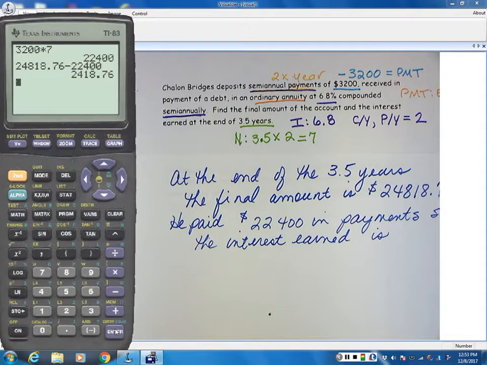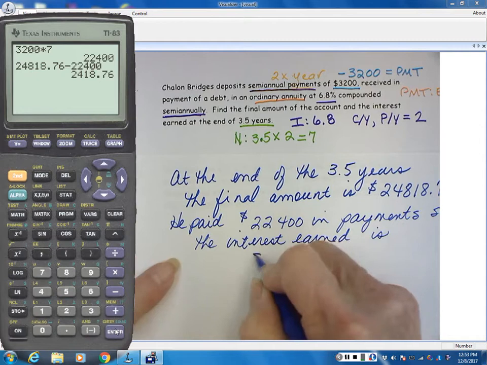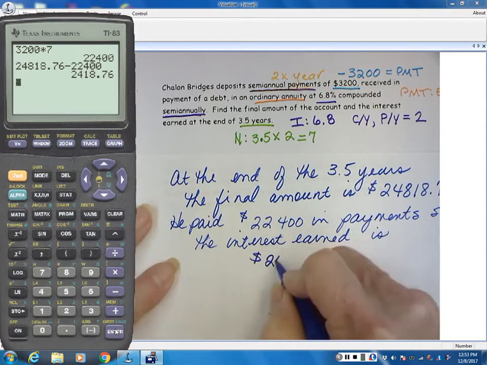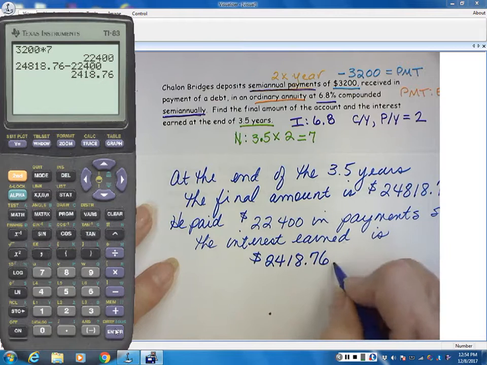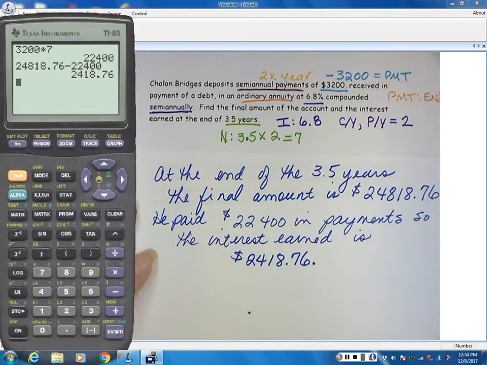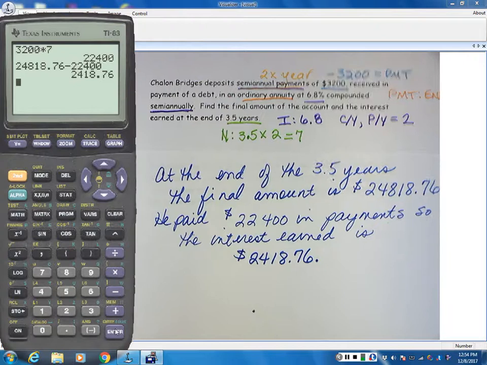He earned $2,418.76 interest. Okay. So that's 21.